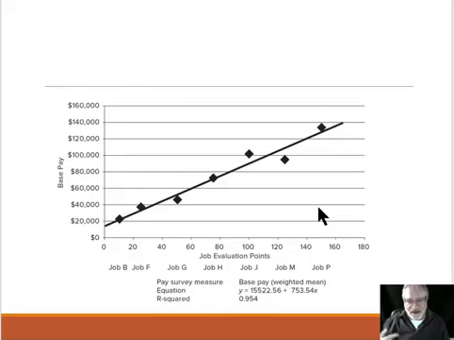And here is an example of that line of best fit. We've got the benchmark jobs along the x-axis, and then we've got the base pay along the y-axis. And we can see that there is a fairly good linear form here, and so presumably we're dealing with a good amount of representative data.